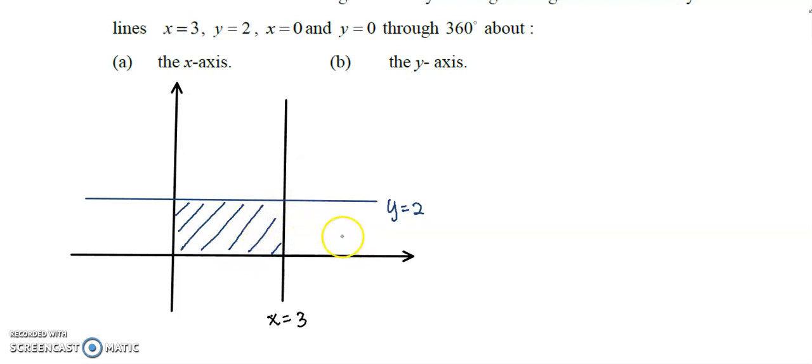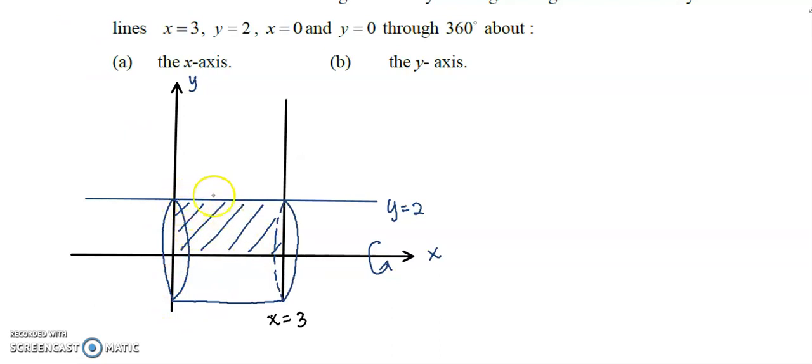Then this piece of region is going to be rotated about the x-axis, and this is the x-axis. If this shaded region rotates about the x-axis, it will form a solid in this shape, and it is a cylinder.